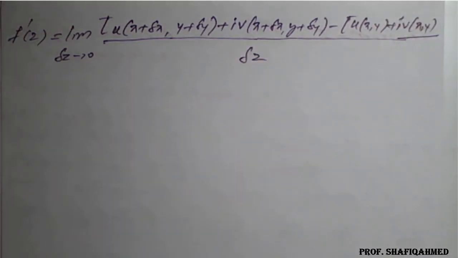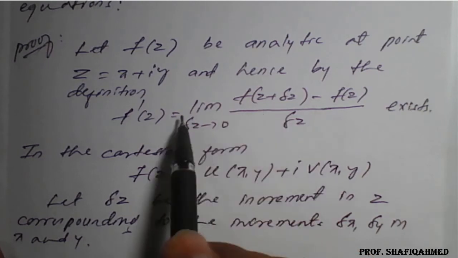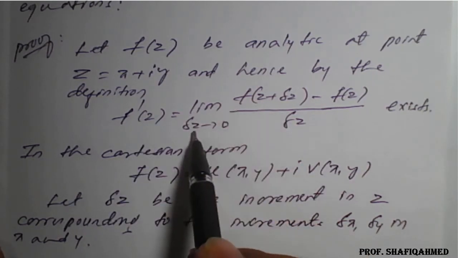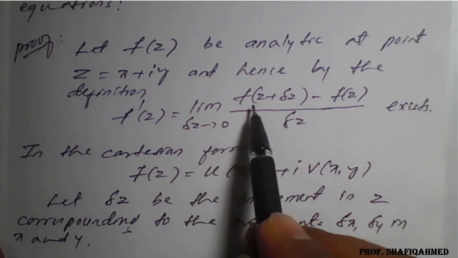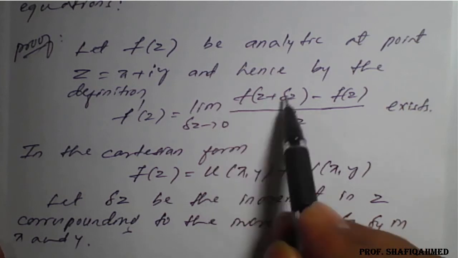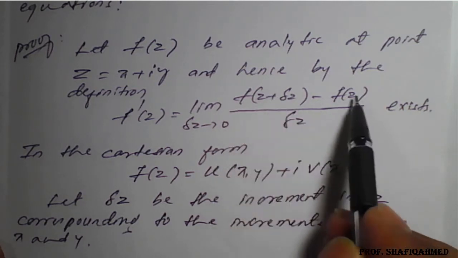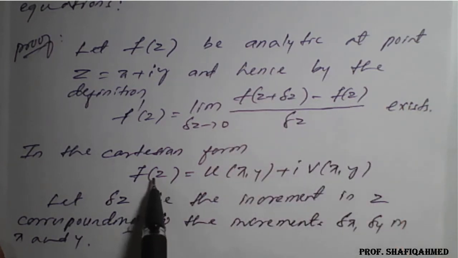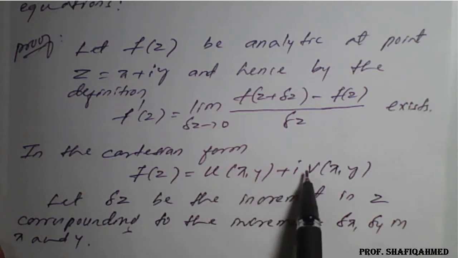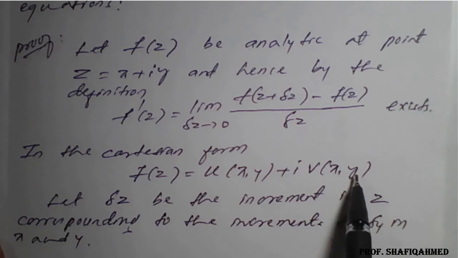I will once again show you why we have taken it like that. Here f dash of z is equal to limit as delta z tends to 0 of f of z plus delta z minus f of z divided by delta z. In Cartesian form, f of z is given by u of x comma y plus I times v of x comma y.